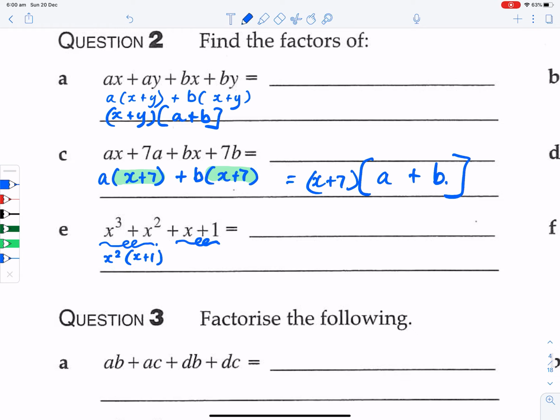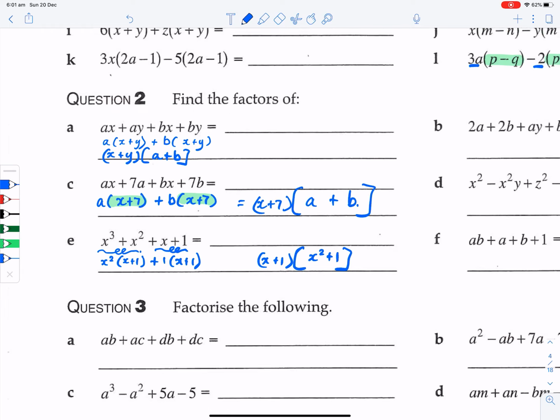So now, when you come to the second part of the question, this section over here, what you should do is just take out a 1. The purpose of that is that now what you've got here is exactly what you're after to complete the question. Because you can see now that x plus 1 is actually a common factor. Let's take out x plus 1 now, and we're left with x squared plus 1. Very good question.